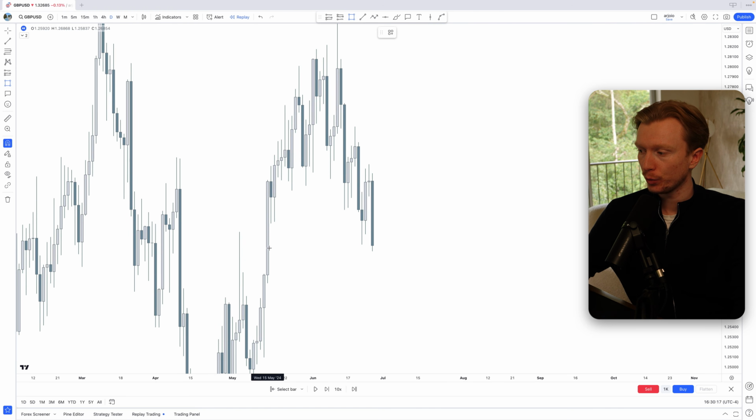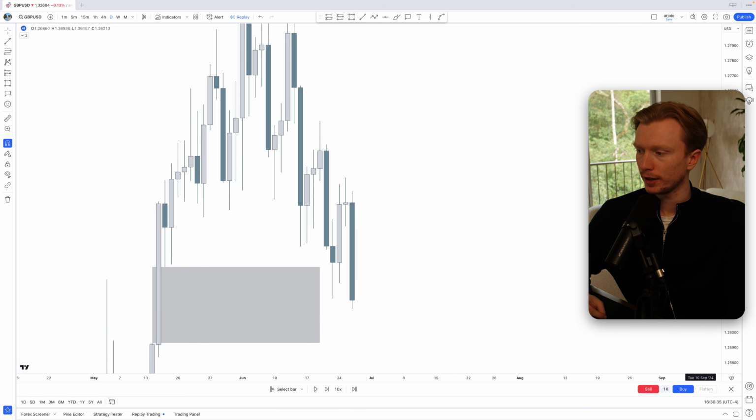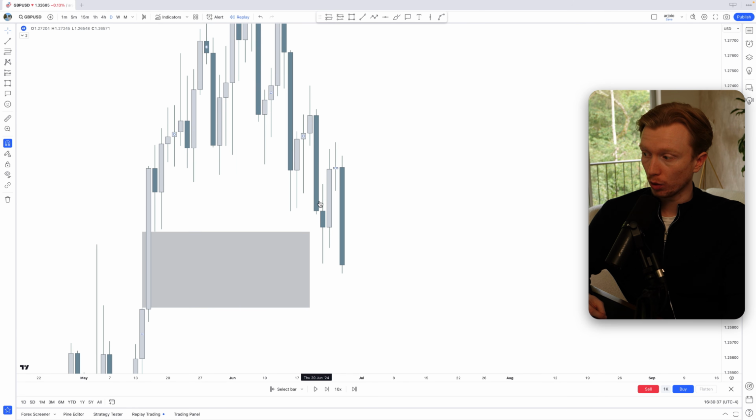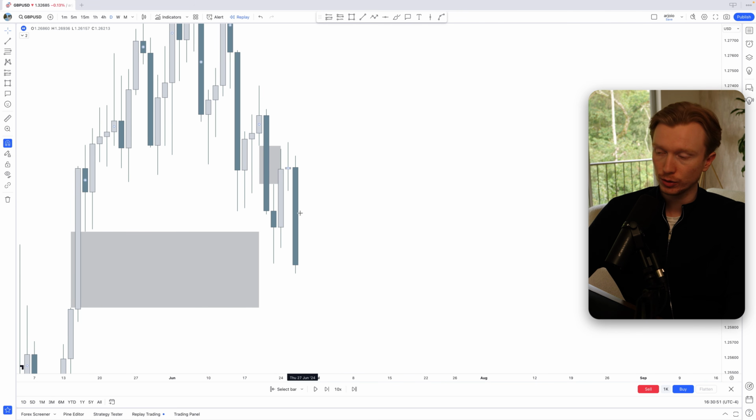Towards the left, we see we have those old fair value gaps. Again, not fair value gaps that we necessarily want to trade from, but those fair value gaps can still create a rejection. So what we see right here is that we expand lower into the fair value gap right there. Then because of the fair value gap right here, we create a rejection to retrace back into the fair value gap that was created to then continue lower again.